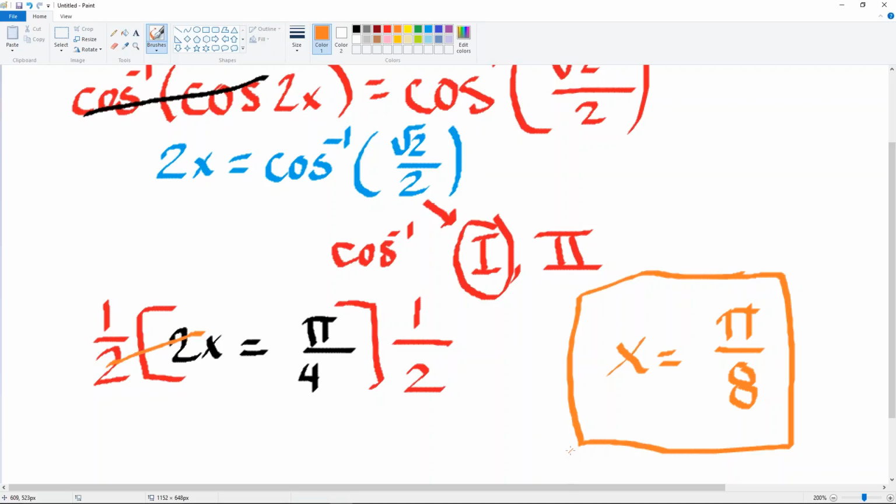Inverse cosine radical 2 over 2 divided by 2. It wouldn't be all the way finished. I mean, it's not wrong, but it wouldn't be finished. It would be like 90% done. You wouldn't be all the way finished.